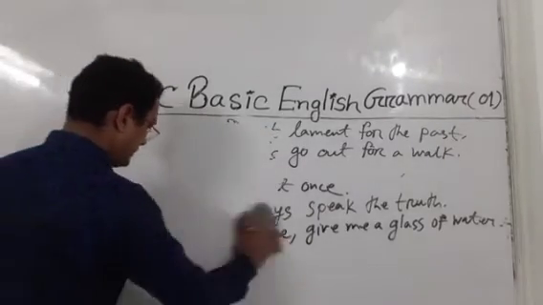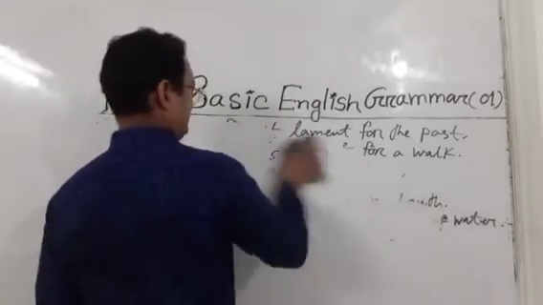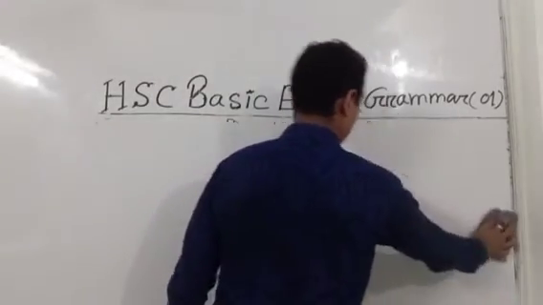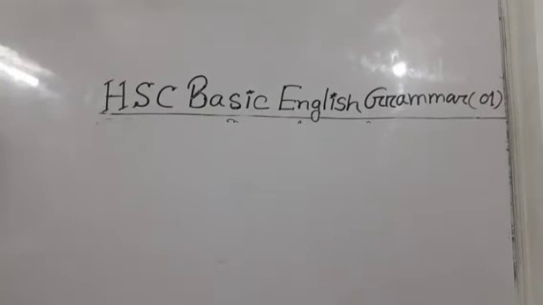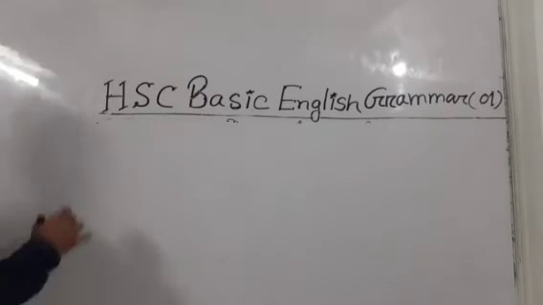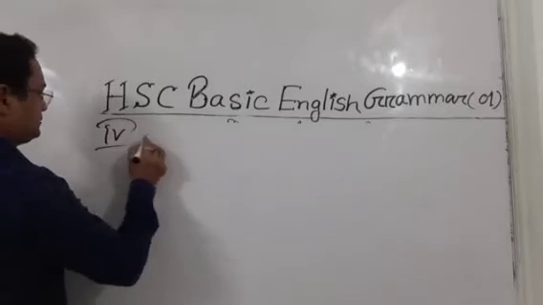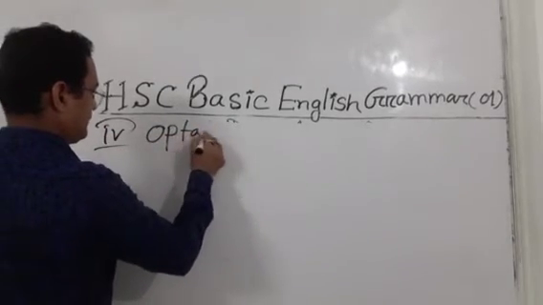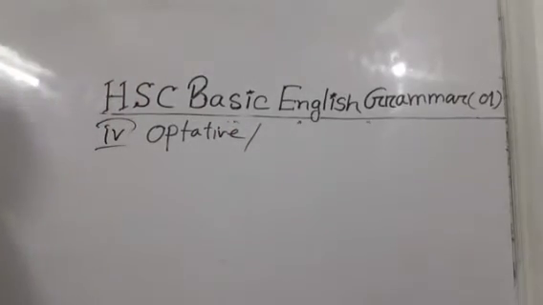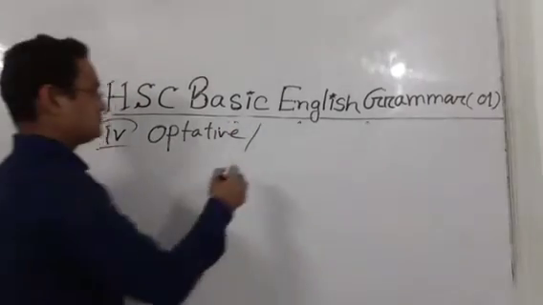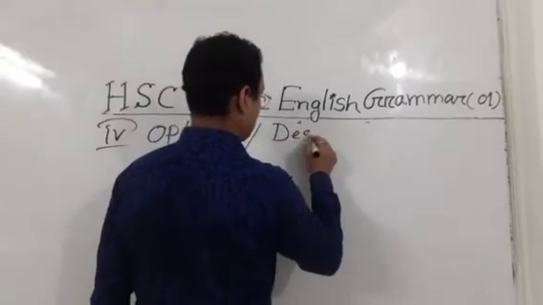You can write down what I am writing here for your better understanding. Number 4, optative sentence. Do you know what is optative sentence? Another name of optative sentence is desire.